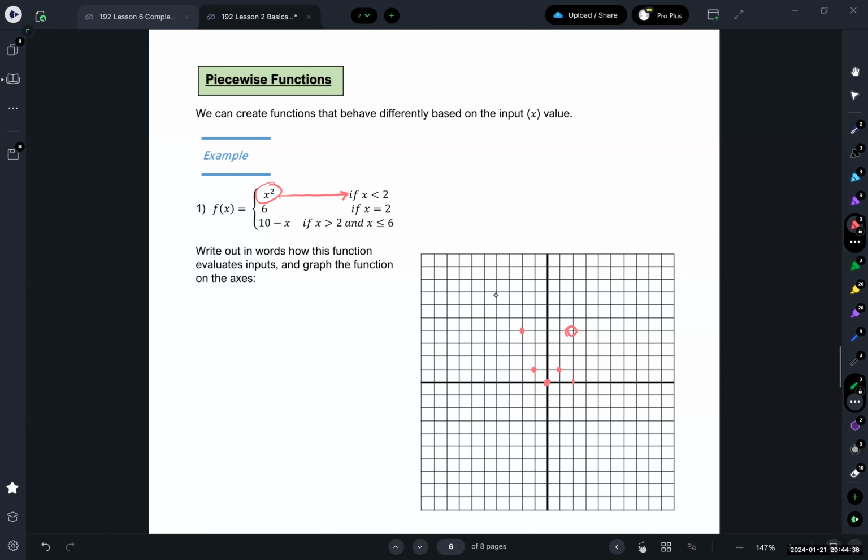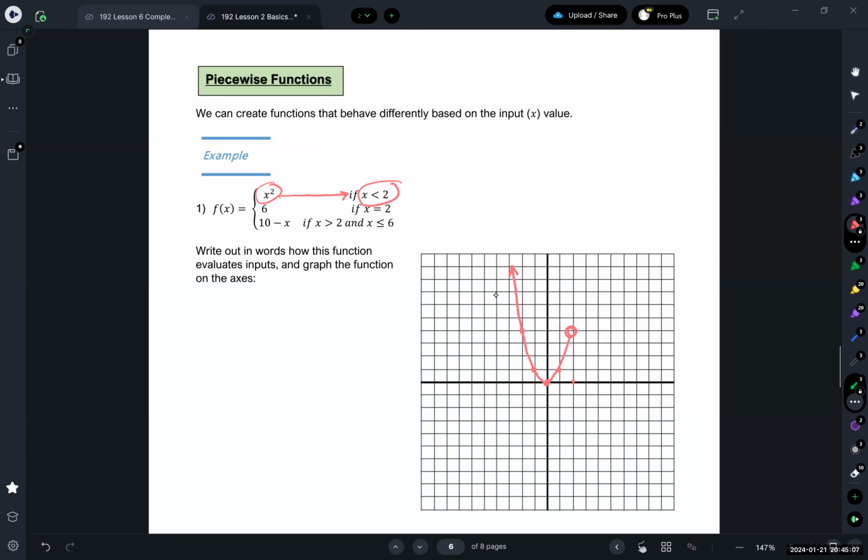Now I'm going to put an open circle there, and that is because you'll see that it doesn't have an or equal to, right? So that graph, the y equals x squared, is for all these values of x less than 2, up to 2, but not including 2. Okay? So I'm going to have an open dot there because I don't include that point.